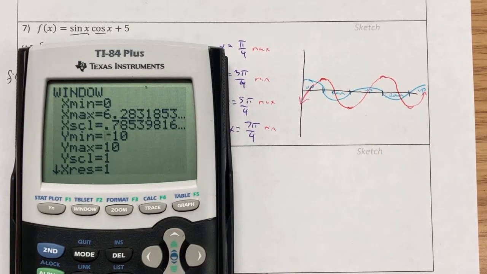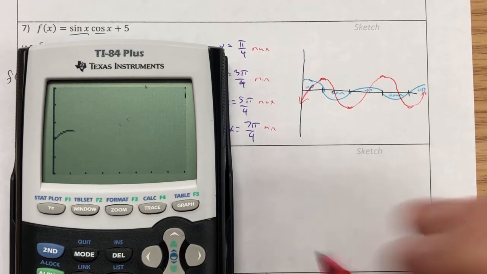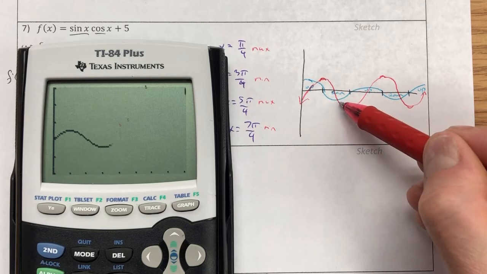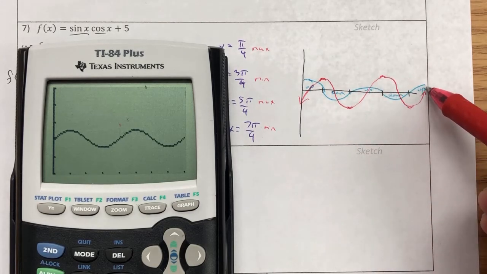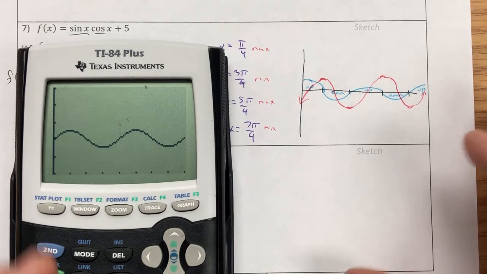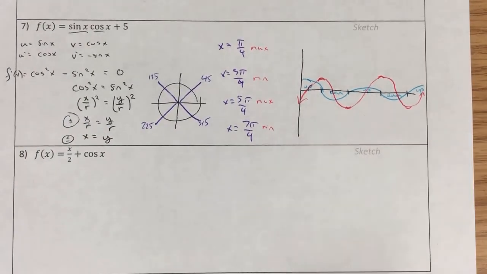Since it's plus 5, we're going to deal with, how about 3 to 8? Goes up, down, and up. Perfect. We got it. So there you go.